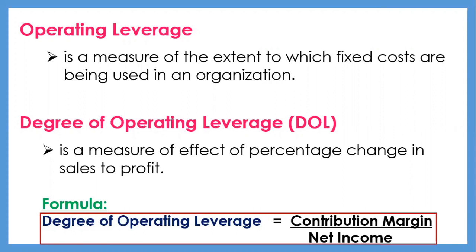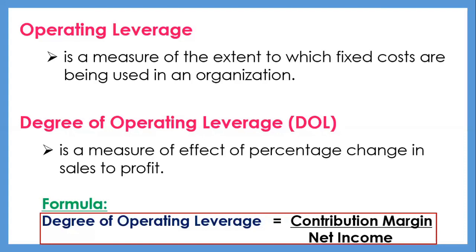In other words, if the company has high operating leverage, the profit will be very sensitive to changes in sales. And so, a little change in the percentage of sales may yield an increase or decrease in profits.